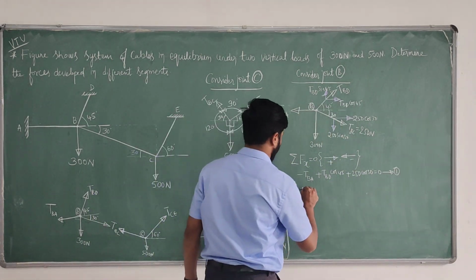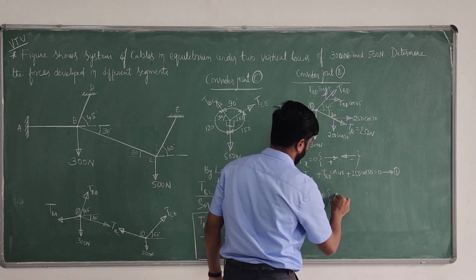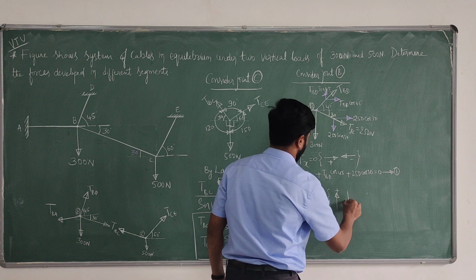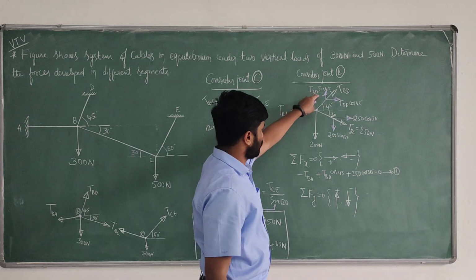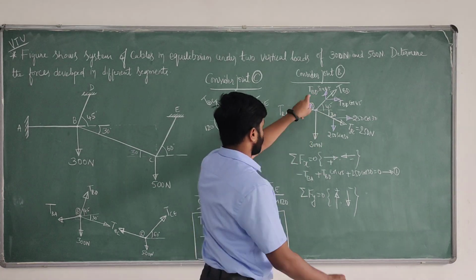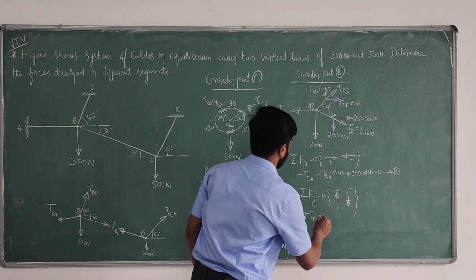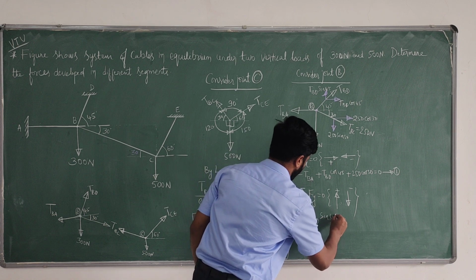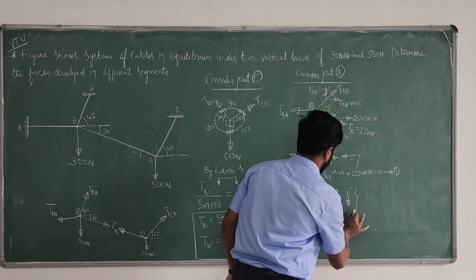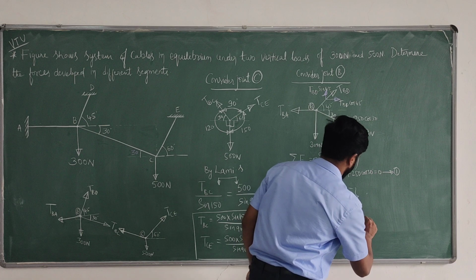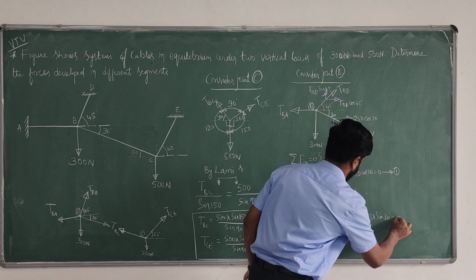Next take sigma Fy equals 0. Take all upward forces as positive and all downward forces as negative. Total how many forces? 1, 2, 3. So this is plus TBD sin 45 plus TBD sin 45 minus 300 minus 250 sin 30 minus 250 sin 30 equals 0.